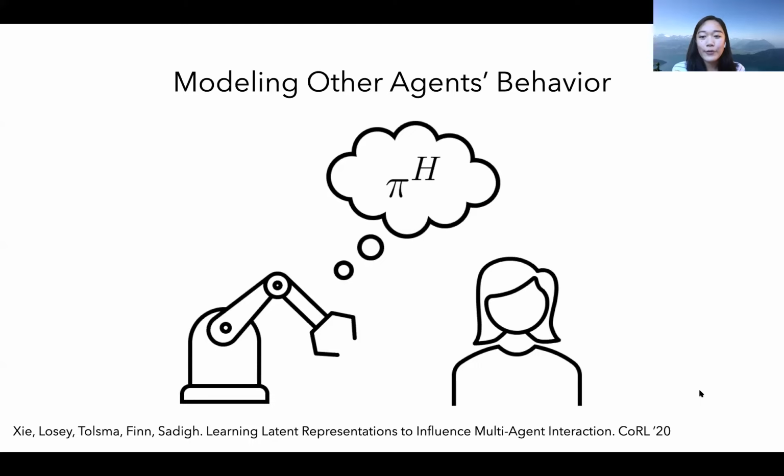Prior work for handling these multi-agent interactions would explicitly model the low-level policy of the other agent. Instead, we think it can be more efficient to just maintain a high-level representation of the other agent's policy. We call this their latent strategy, and this latent strategy can change across interactions between agents.